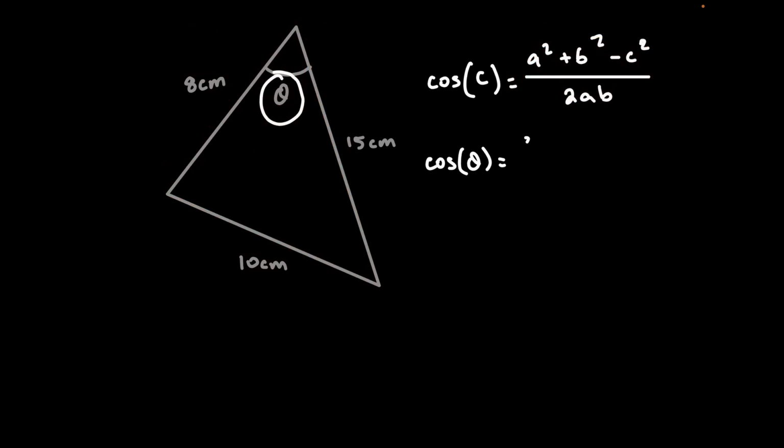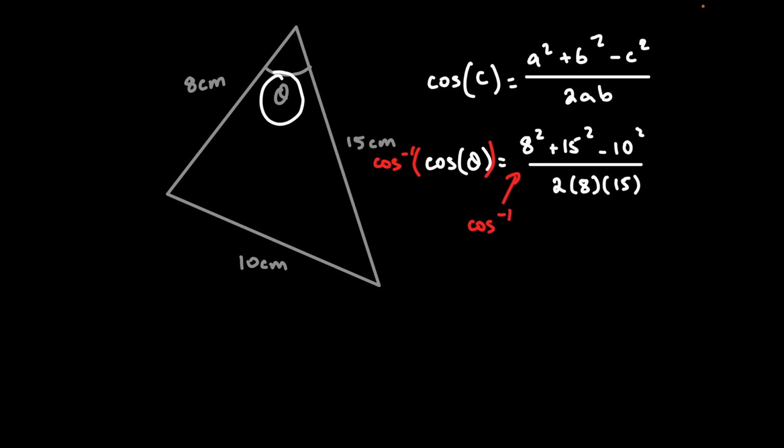So this would be the same as 8 squared plus 15 squared minus 10 squared all over 2 times 8 times 15. Okay, and that gives us the cosine of theta. So if you want to actually work out what theta is, all we have to do is the cosine inverse of both sides. I don't have space to write it, but you get the idea.